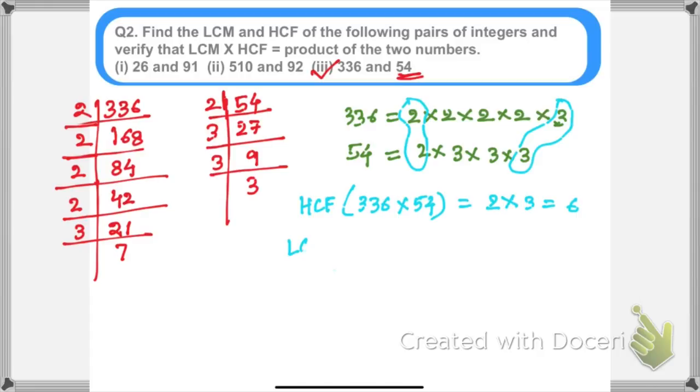Now similarly, LCM of 336, sorry, here I am putting a multiplication sign by mistake. It should be a comma, and 54 would be 2 and 3. These are taken common. These 2 and 3 are taken common, and the rest of the stuff we have to write.